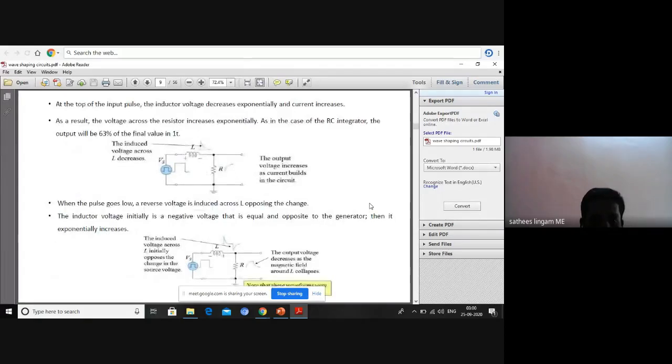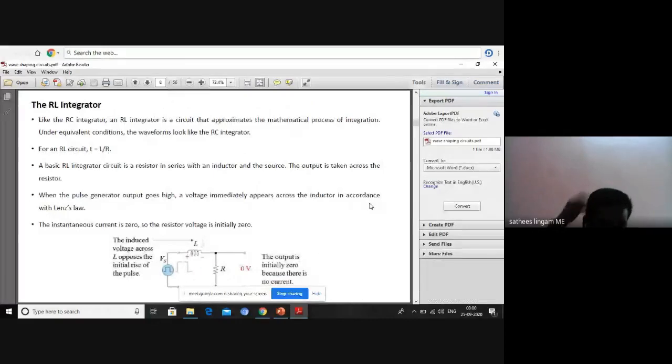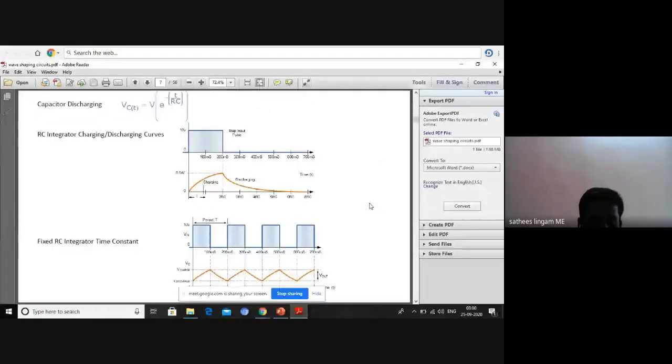See here, this is the pulse. You can see the pulse shape is getting changed. The input pulse is the input. Sorry, RC is here. The input pulse is a 200 millisecond pulse.